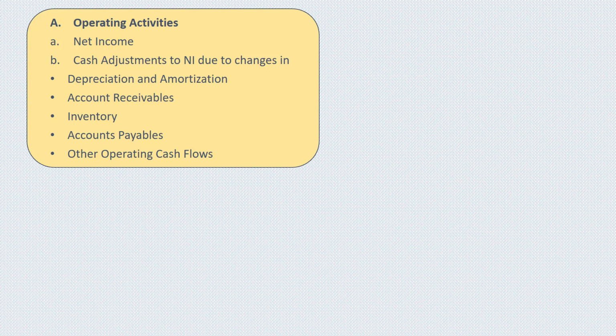The cash flow statement starts with recording cash flow from operating activities. It starts with net income, and makes cash adjustments due to depreciation and amortization, accounts receivable, inventory, accounts payable, and other operating cash flows.